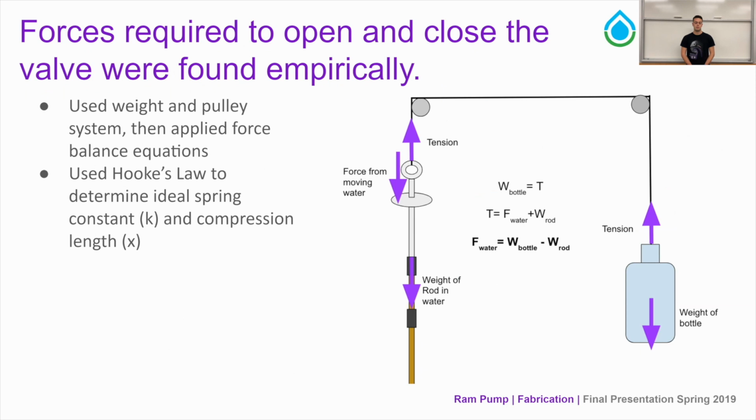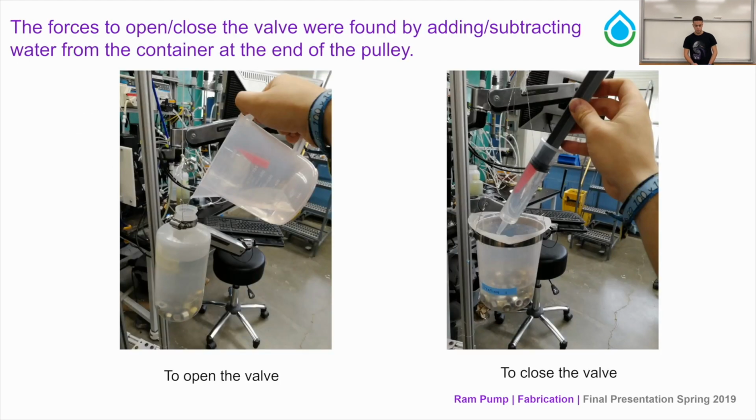It consists of a string that goes through the drive pipe and to the pulley system, and it is connected on one end to the metal plate of the ram pump, and on the other end to a barrel of water that is suspended in the air. Using the balance equations, we are able to determine that the force of the water required to open or close the valve is equal to the weight of the barrel minus the weight of the rod.